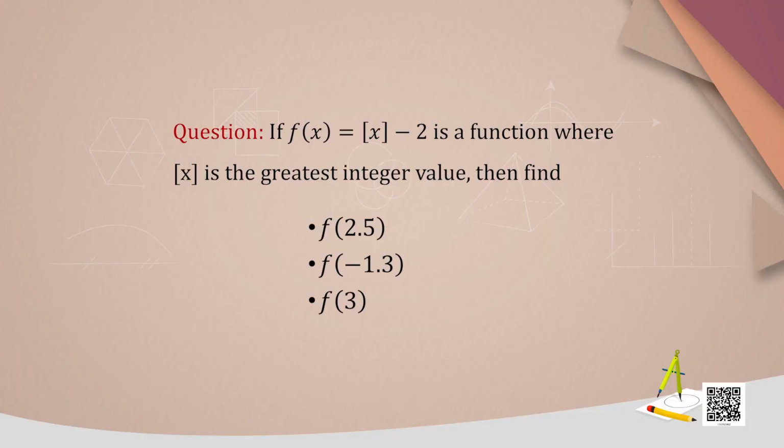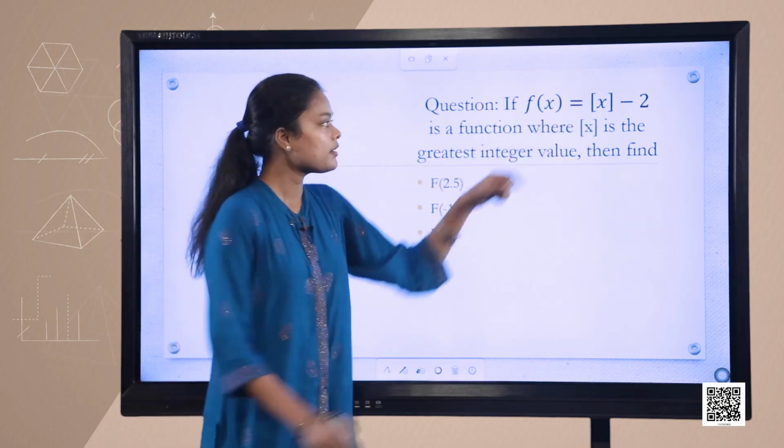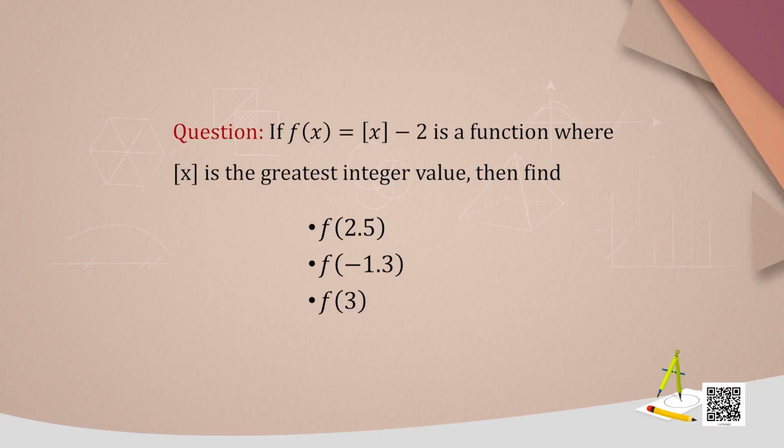So let us take now one question on it. In this, f(x) is given to be this function, where this is representing a greatest integer function. We have to find the values f(2.5), f(-1.3), and the value of the function when the element is 3.